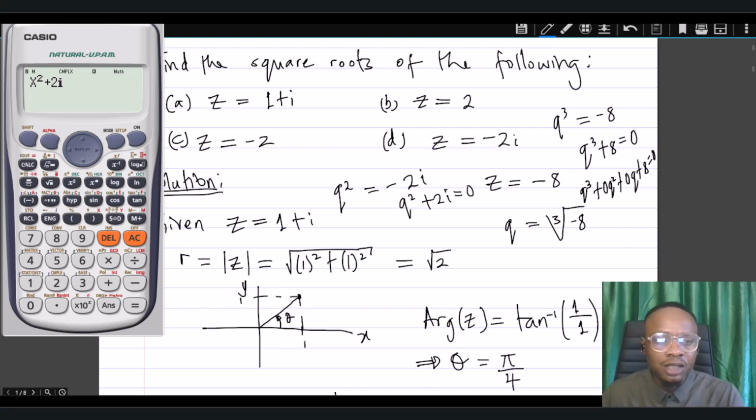So we can press shift and then this, and it doesn't solve that. It doesn't work. We cannot solve this. So the calculator will not work as well. So let's calculate this first. It just gave us that. So you cannot do the solving for this, because we have complex coefficients. So that is the limit of our calculator.